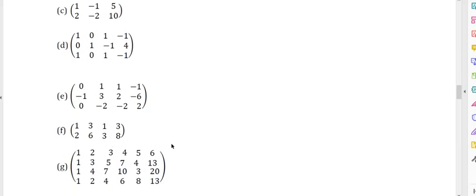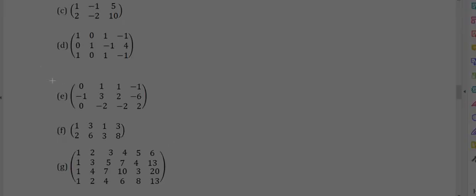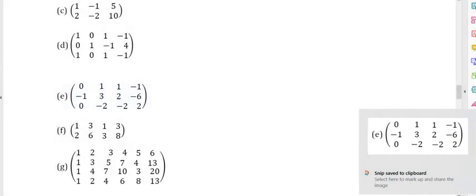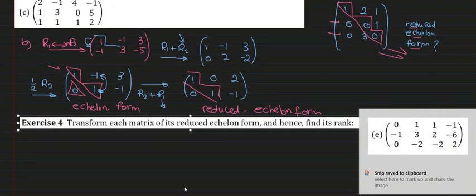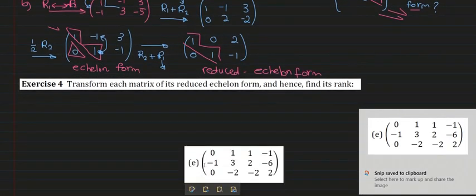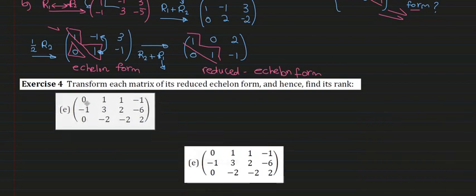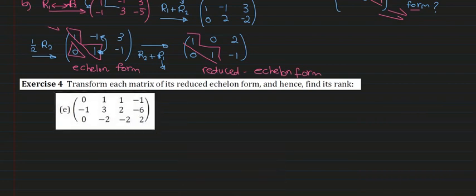Let's take number E. Transform each matrix into its reduced echelon form and hence find its rank.